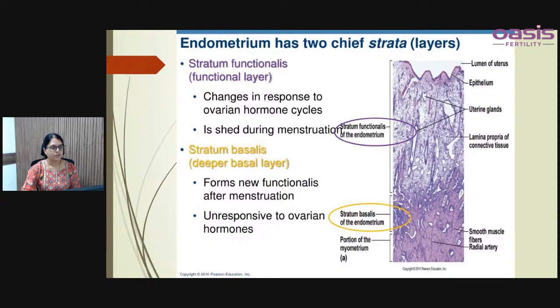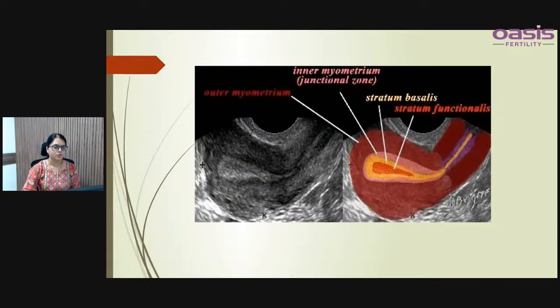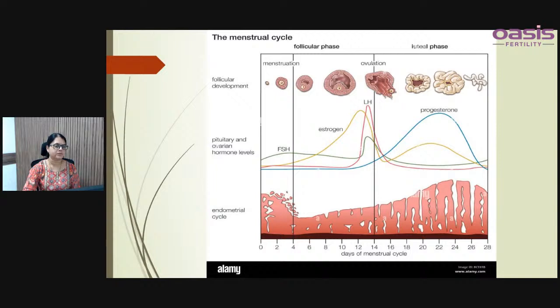After shedding of the endometrium during menstruation, this stratum basalis forms a new functionalis layer, and this layer is unresponsive to ovarian hormones. So these are the two layers of the endometrium. This slide is showing the stratum basalis and stratum functionalis.